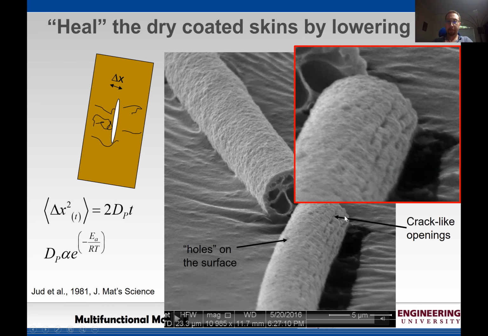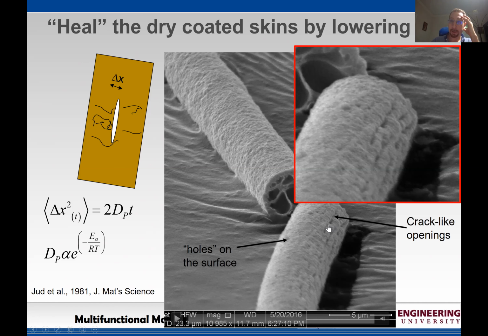Now, in a typical self-healing experiment, holes come as a result of the failure, as a result of excessive load. The reason pores appeared here is a different subject. Regardless, the reason cracks appear here is a different subject, but at least cracks are there.